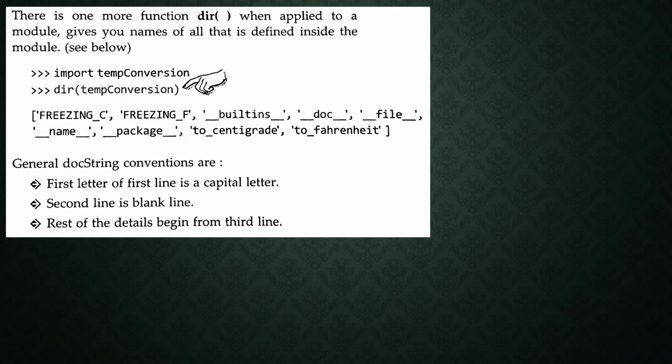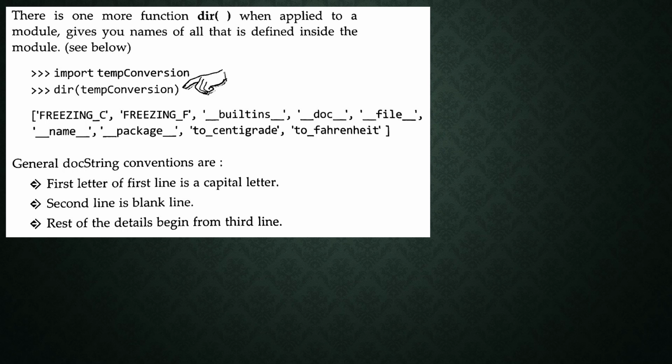So first thing is import module name, that is temp conversion. Next dir module name, that is temp conversion. It will display freezing C, freezing F, built-ins. So what are the built-in functions that will be displayed? Next docs: what are the triple quotes used?